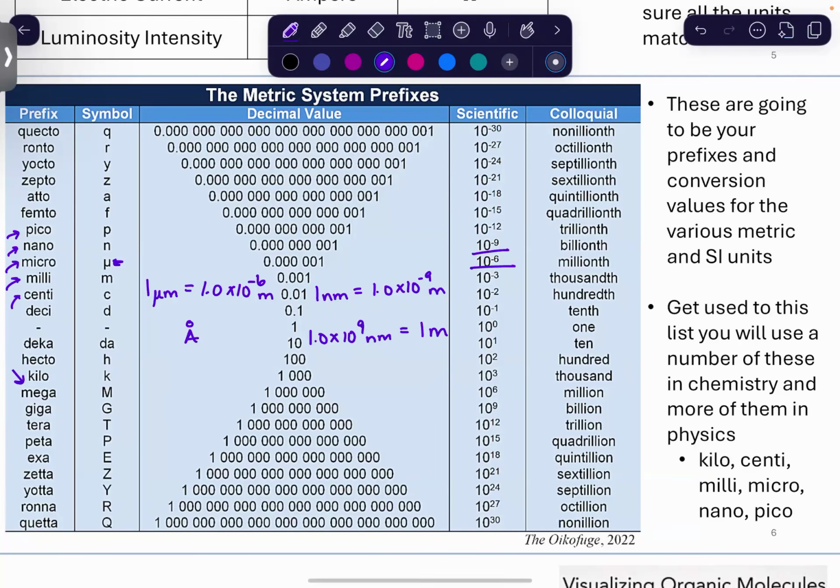And so an angstrom is 10 to the negative 10th. So that means 1 angstrom is 10 to the negative 10th meters. I would make sure you know that one too. So if you ever see that A with the circle over the top of it, that's your angstrom.